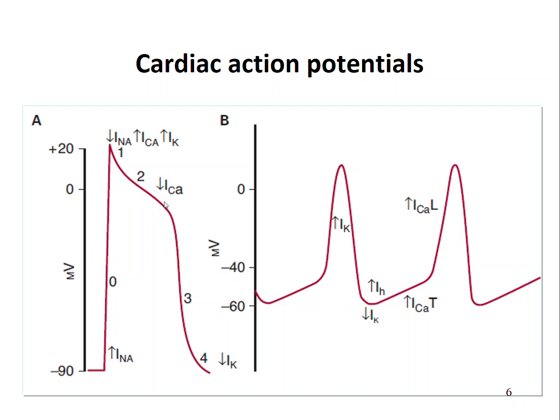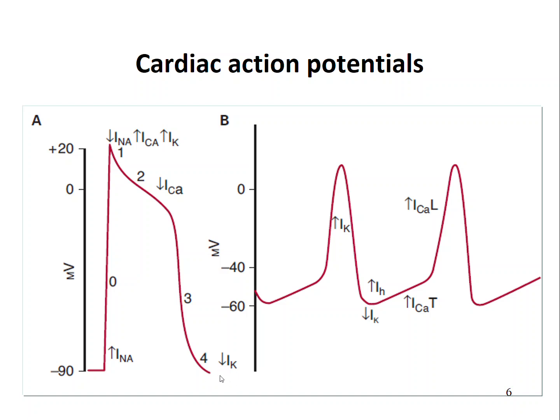Then at the end of the plateau, the permeability to calcium will decrease and the permeability to potassium ions will increase because of the opening of the delayed voltage-gated potassium channel. Then we have repolarization, then everything goes back to the resting stage, which is phase 4, and in the resting stage we have the leakage channel of potassium that makes the resting membrane potential very close to the potassium equilibrium potential.